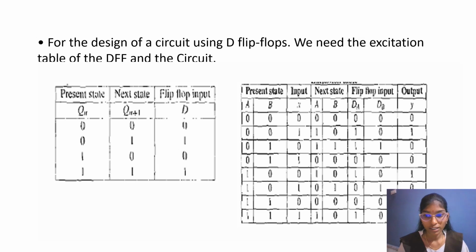Qn plus 1 is 0101 and the input D has 0101. Using the excitation table of the D flip-flop, the output finally is 01001011.